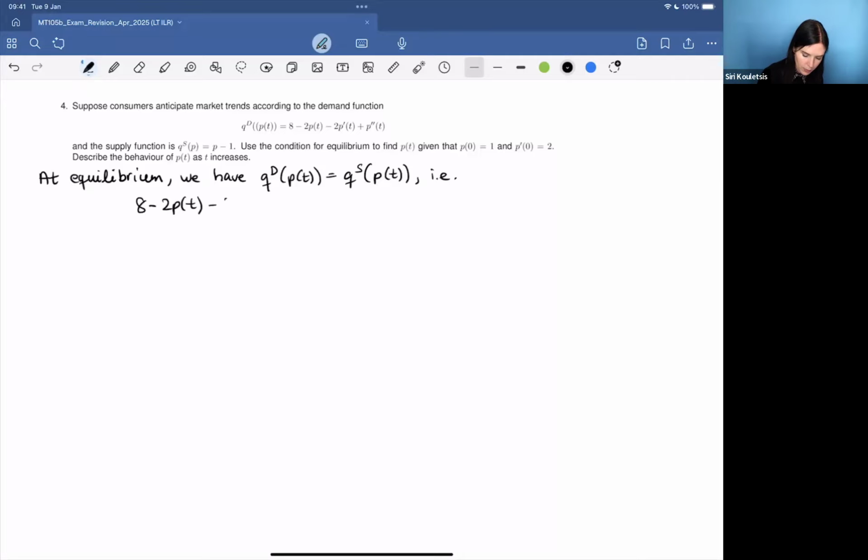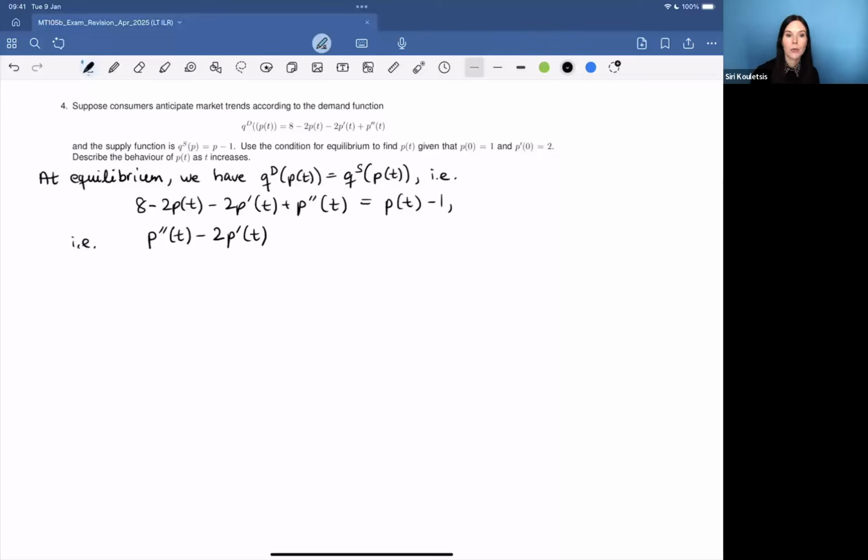And so we write down the given information. And then we rearrange. We want to start with the P double prime, then the term for P prime.